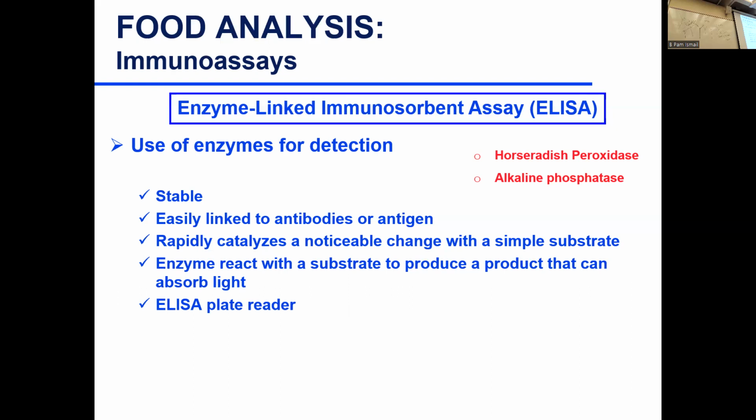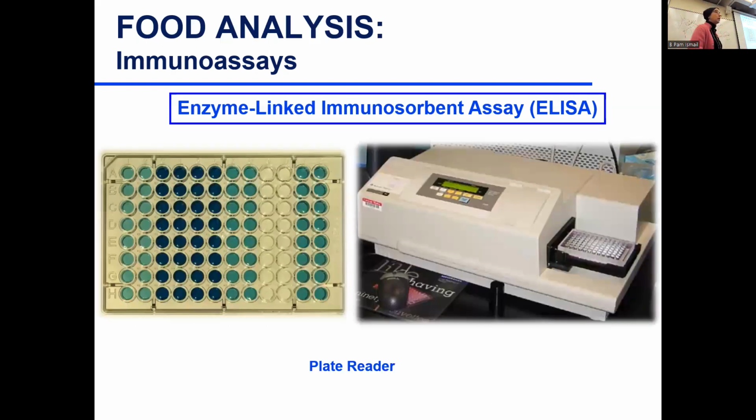Now, the plate reader is a very important analytical tool in these assays. Yes, what do you mean by easily linked to? Easily linked because you want to link the enzyme, because it's enzyme linked. So you want to covalently link that enzyme to your antibody or antigen, because you don't want them to be lost during the assay. That's what enzyme linked means, that they're bound to your antigen or your antibody.